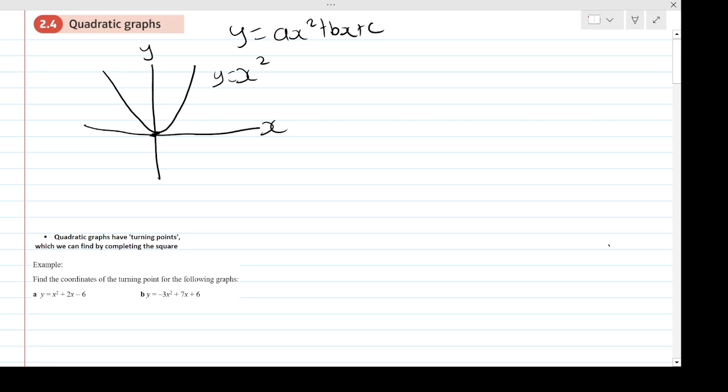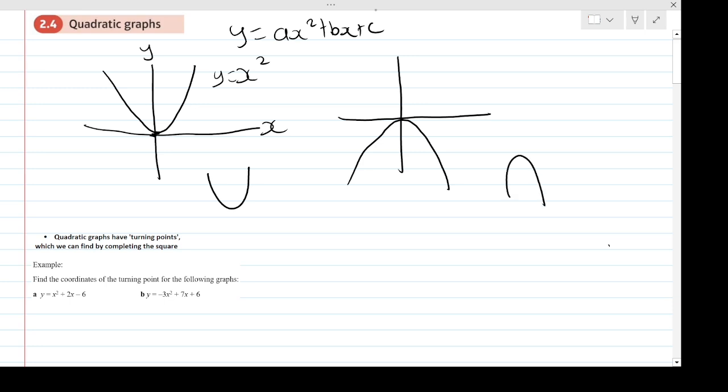And when we start to look at this sort of shape, you can have two versions of quadratic. You can have this smile shape, which will look like this, or you could go the opposite way and get a frown instead.